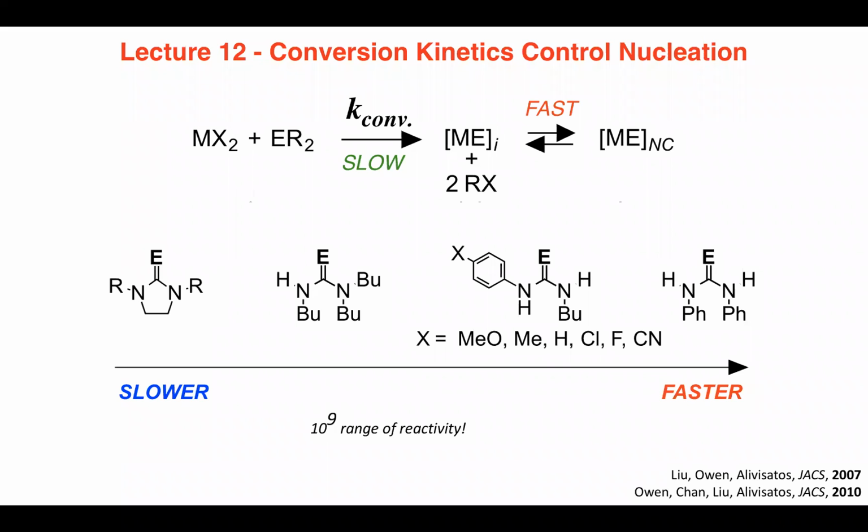Huge difference, 1 billion. Now, the reactivity of these compounds depends upon the metal cation that you mix them with, depends upon the surfactant medium you put them in. It also depends upon the temperature, okay? And all of those things are variables for us. We want to grow all kinds of different materials.